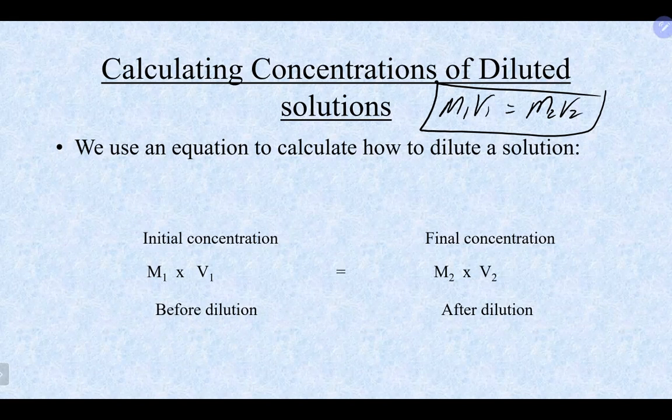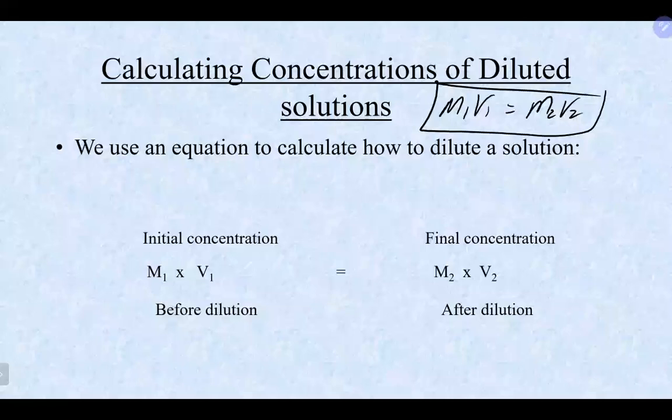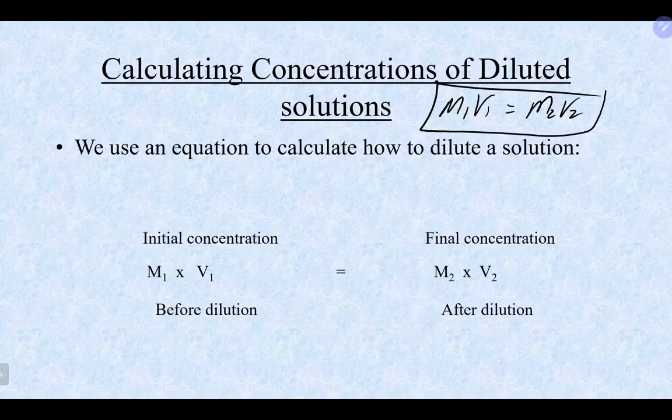Molarity on both sides here. Obviously, it needs to be a molarity. Volume probably should be liters, but this is one formula we talked about earlier where, if you're specifically using this equation, you can leave the volume in milliliters and it will work out okay.